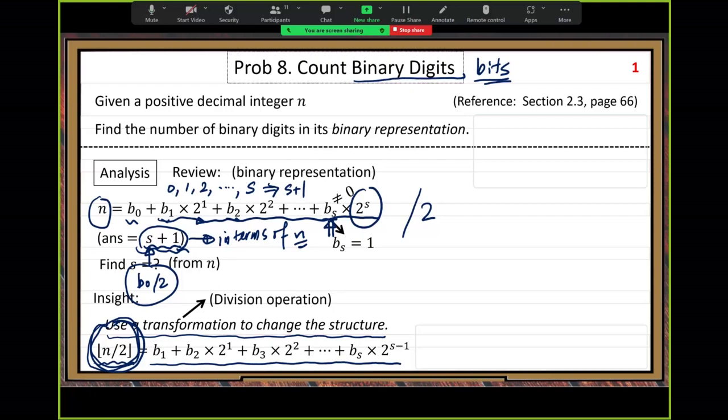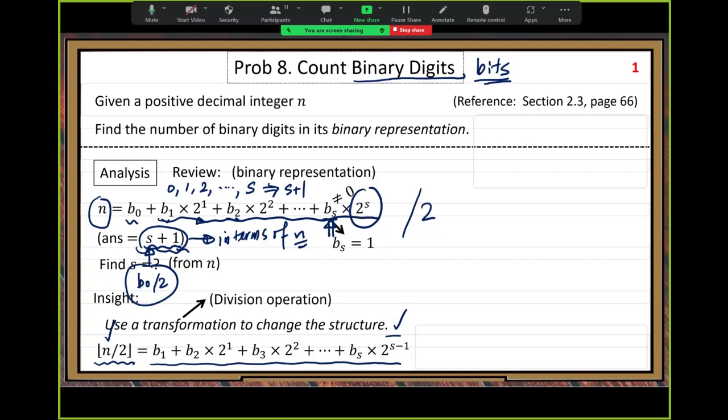So when n is relatively large, you can see the current formula is basically just a binary representation for the floor of n over 2.